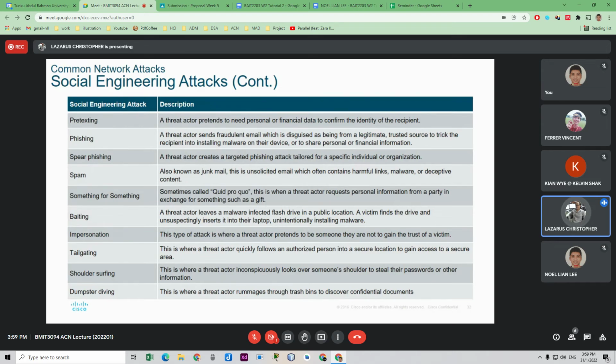Dumpster diving. A lot of trash we throw away, and not all companies shred first, especially confidential information, and sometimes not-so-confidential information that is still useful for social engineering gets thrown in the trash. Especially in big companies, they don't even bother to shred.